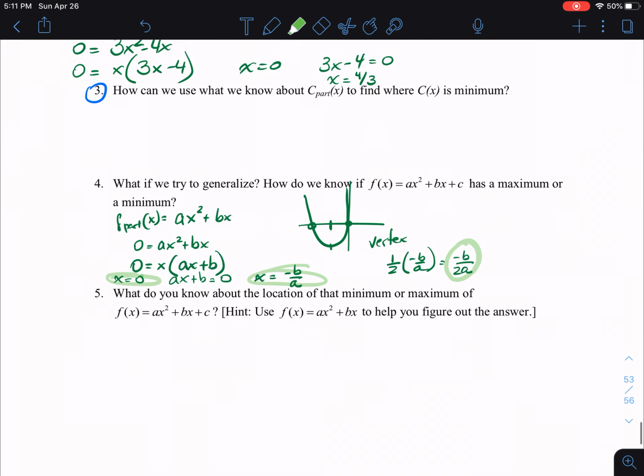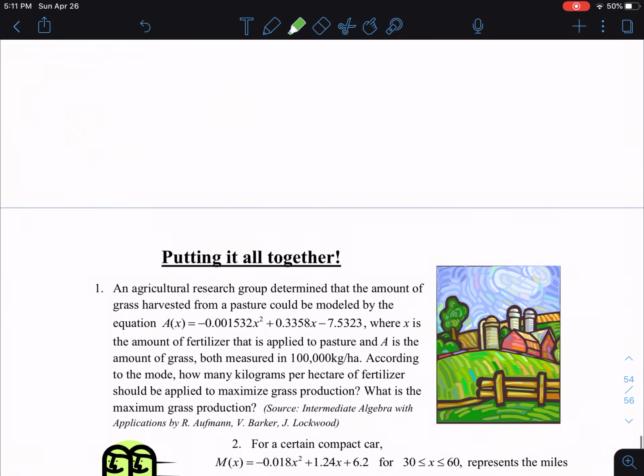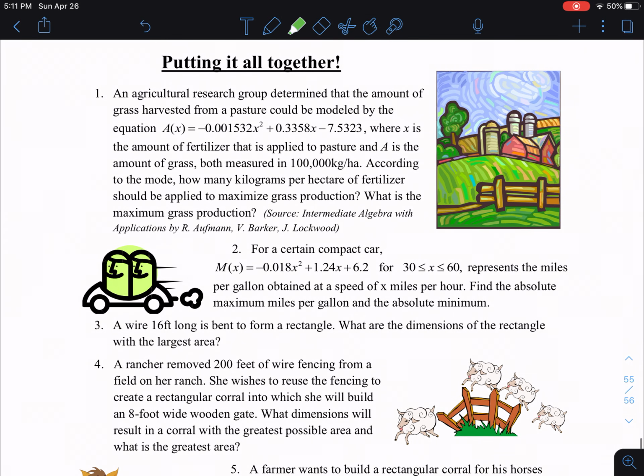So I'm going to let you finish answer number 5 on your own. And then we're going to see if we can use this information to solve some example problems. So I'm going to solve 1 and 3, and then I'll leave the rest of them for you to figure out.